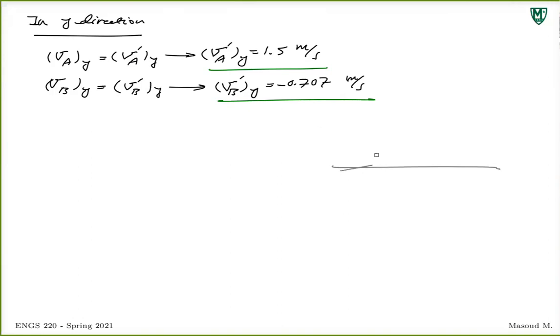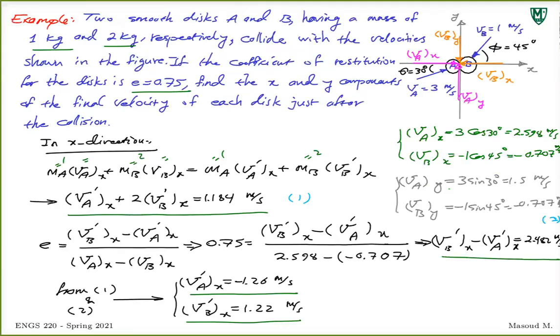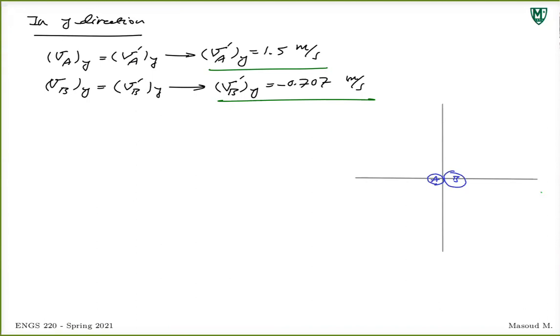If I can draw some axes here, and I'm going to be messy and just do it like this. If they're A and B, after the impact, the velocities are, so the component of VA in X is negative and Y is positive. So it's somewhere in this direction.